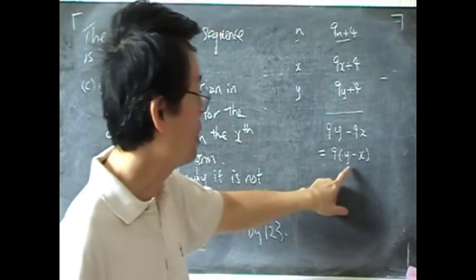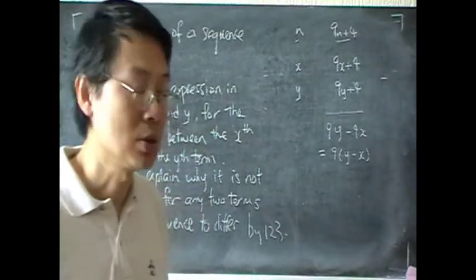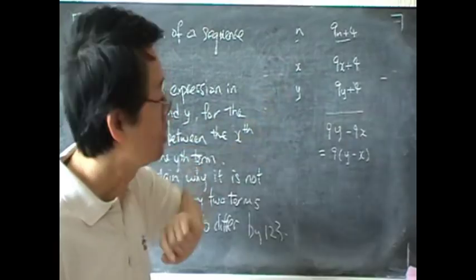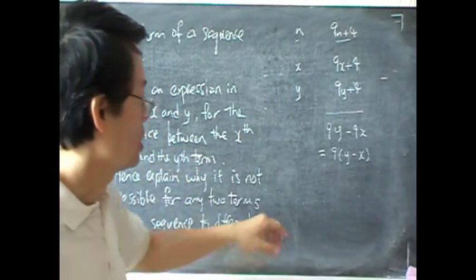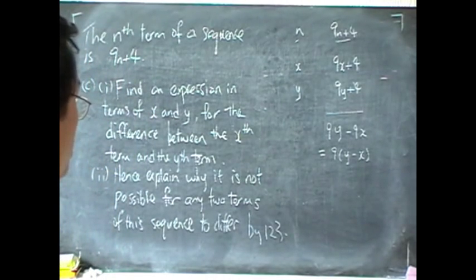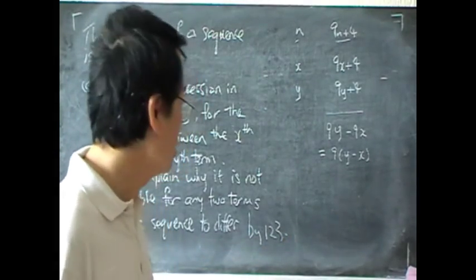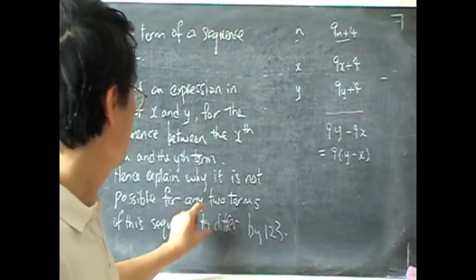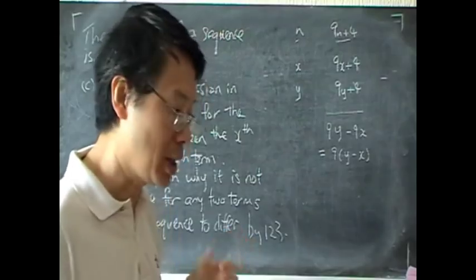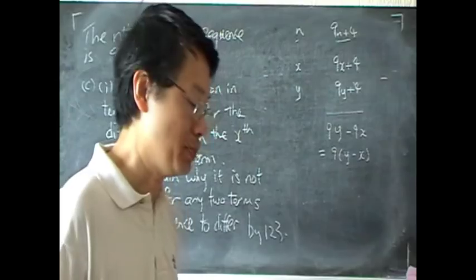Now, one thing to remember here is that x and y must be whole numbers, because x and y are values of n, which is a counting number, right? So x and y must be whole numbers. Now, if 123 is a difference between two of the terms, we don't know which two terms they are, so we can say that we let those two terms be x and y.